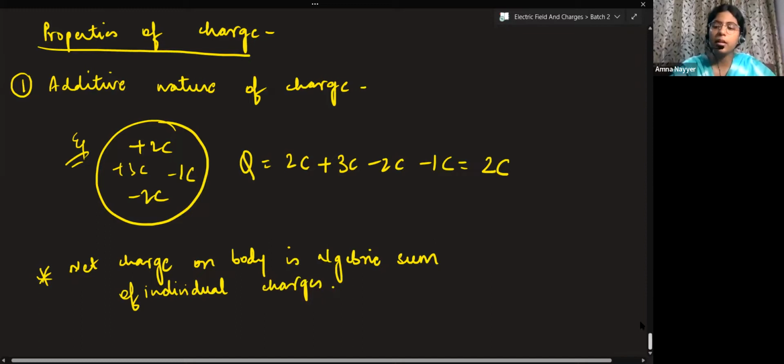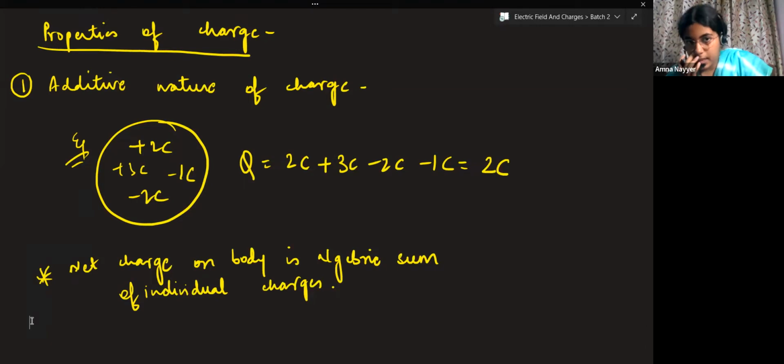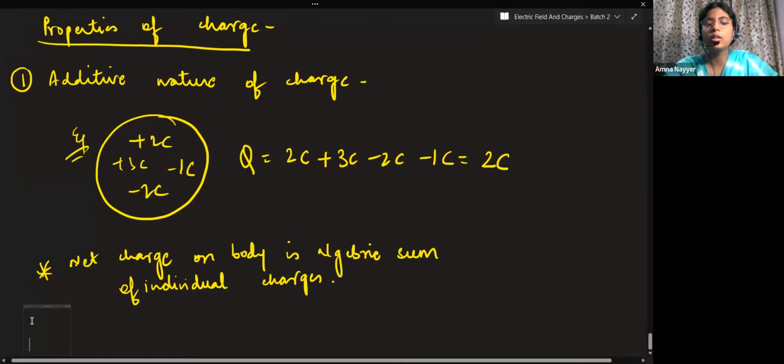One more property of charge is there. This means charges can be added. Another property is that charges are conservative. Have you read this statement for energy? Energy can neither be created nor be destroyed. Similar is valid for the charges present.